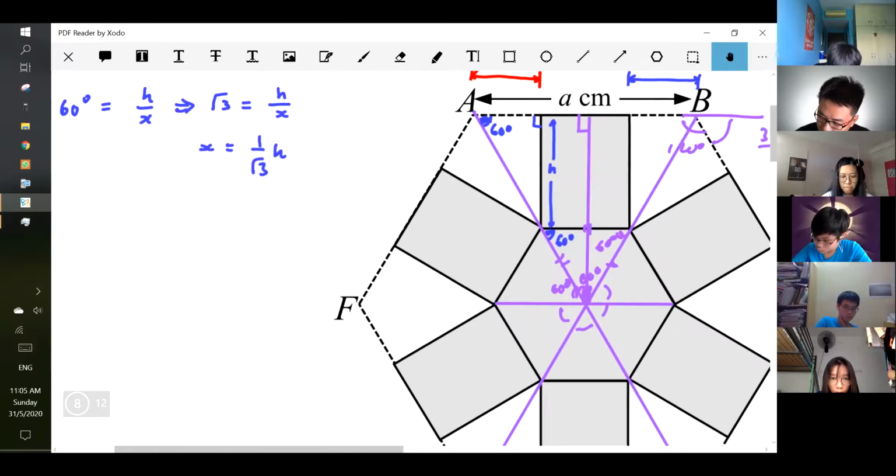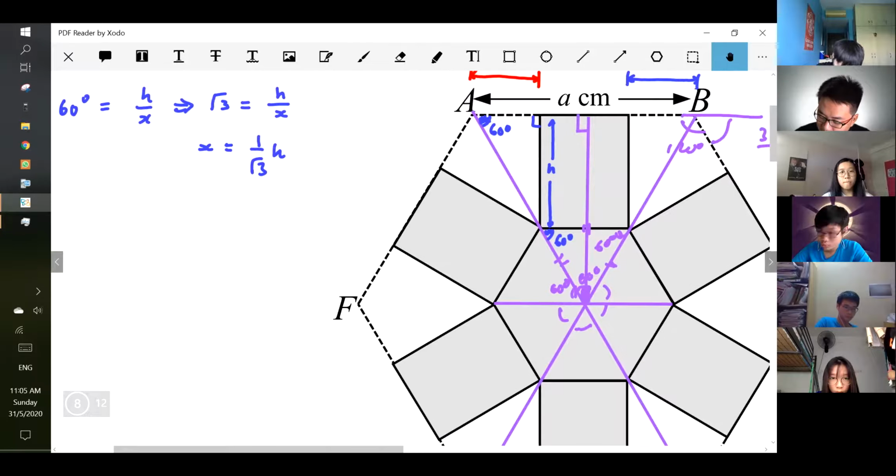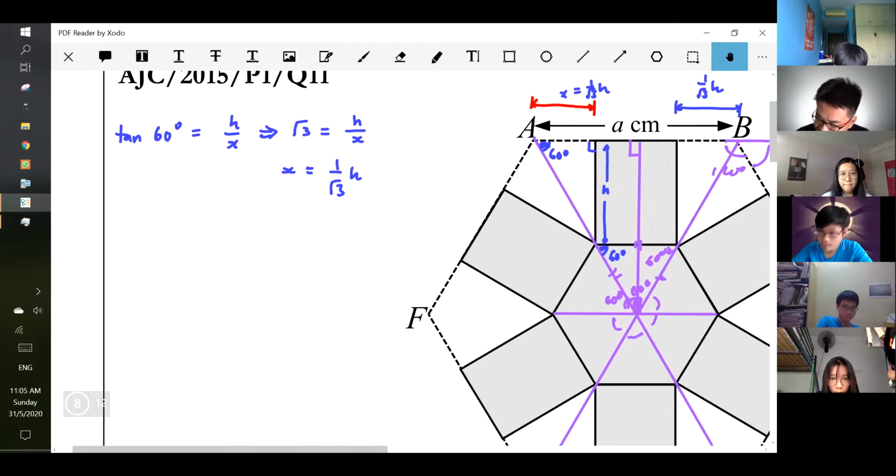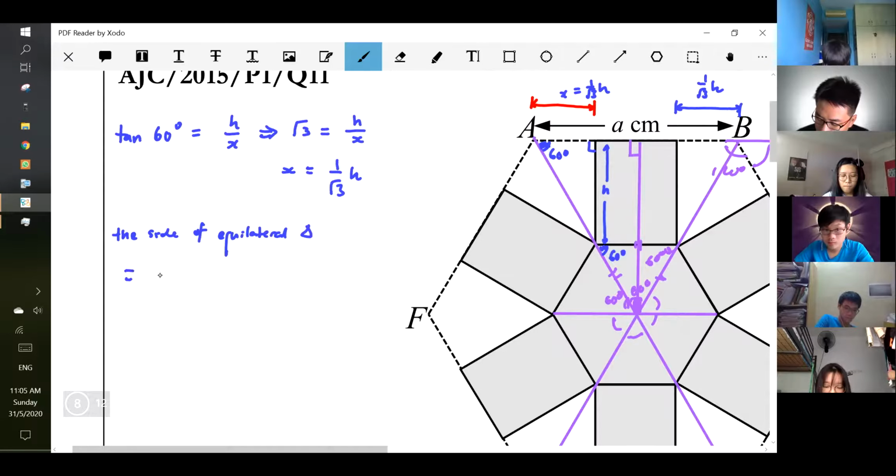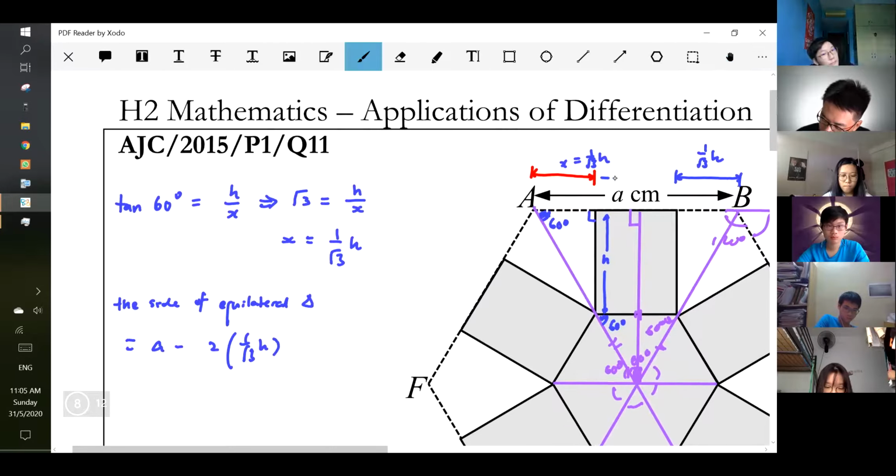So let's look at this equilateral triangle here. So the side of the triangle will just be A minus 2 times 1 over root 3 H. So this is this side here.